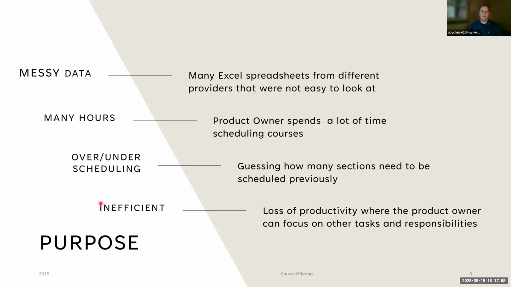And then there's a chance of over or under scheduling different courses. There might not be enough courses for the number of students that need them, or there might be too many where there's only 2 or 3 students in each section. So the whole process is really kind of inefficient.